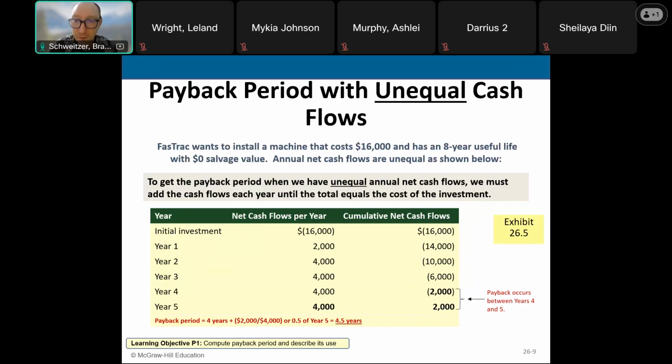But the overall point that I'm trying to make here is that on the cumulative side, once it hits 0, that's when you've broken even. That would mean your payback period is somewhere in between those 2 years where wherever it amounted to be 0. So that's unequal cash flows.